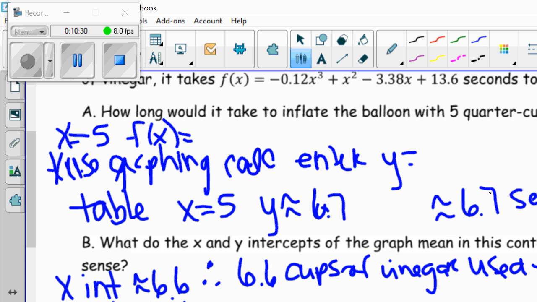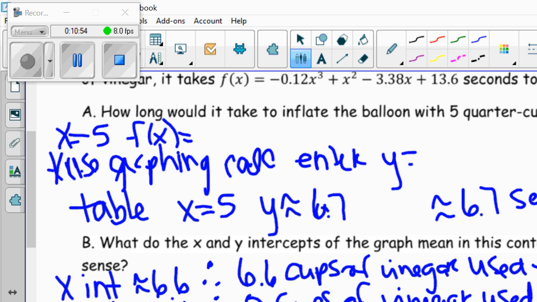The y-intercept, okay, so my x is 0, so it means if 0 cups of vinegar are used, the balloon inflates at 13.6 seconds.